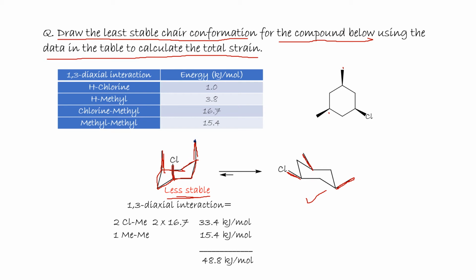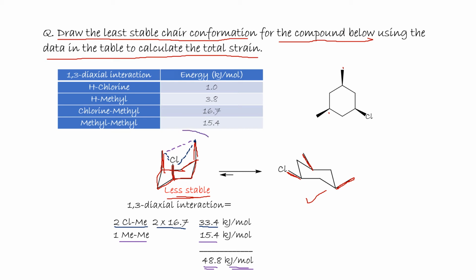Methyl and chlorine, methyl and chlorine, 1,3-diaxial, so we have 2 methyl-chlorine interactions, 2 times 16.7, 33.4, and we have methyl-methyl, which is 15.4. The total is 48.8 kilojoule per mole.